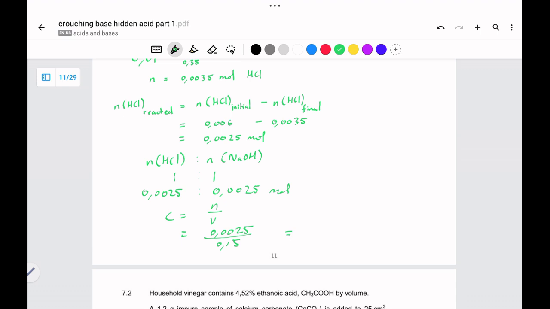And this gives us, almost done, 1/60, 0.0, to 2 decimal places and get it 2 moles per cubic decimeter. Okay, done.